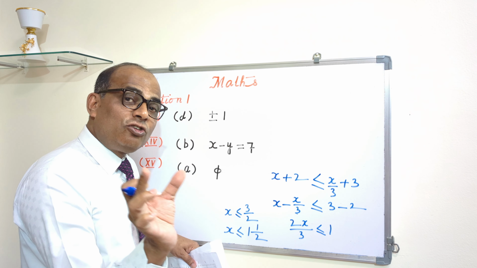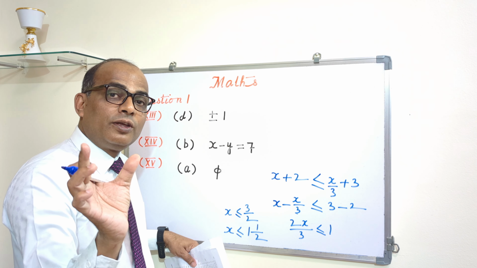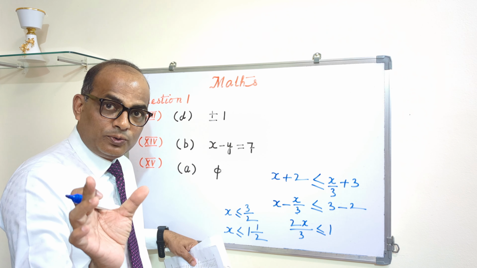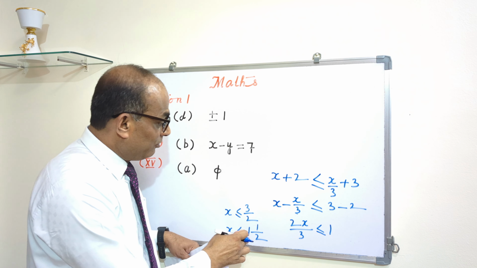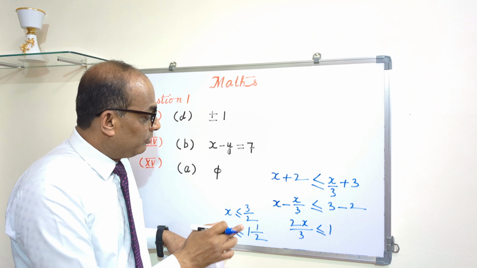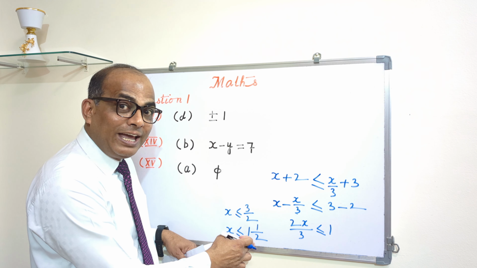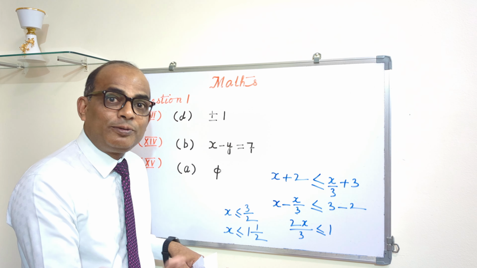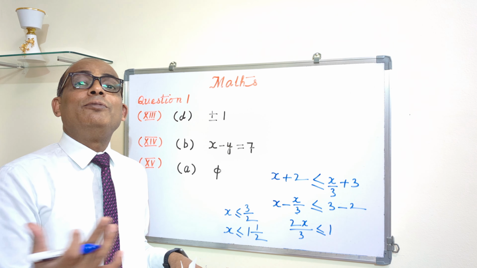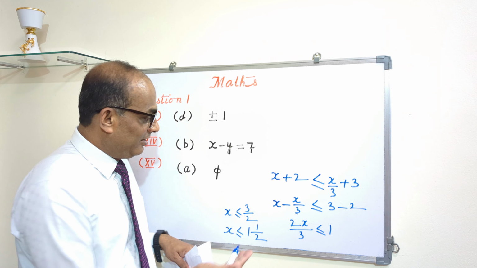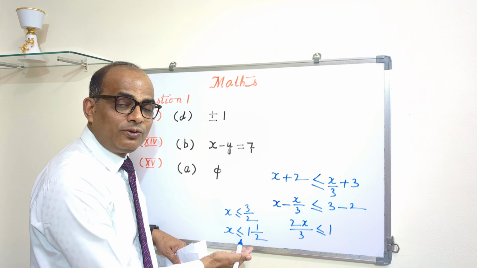Because the smallest prime number is 2 and this is 1.5, and you want the values of x which are less than or equal to 1.5 and x has to be a prime number, that means there is no prime number. No prime number is less than 2 and here it is 1.5, which is less than 2.